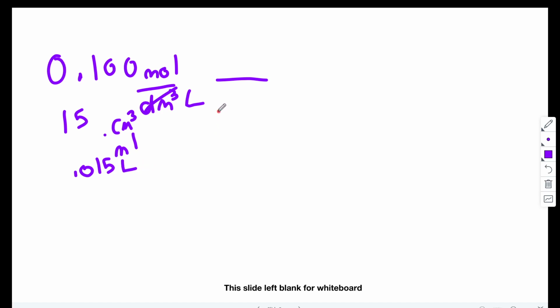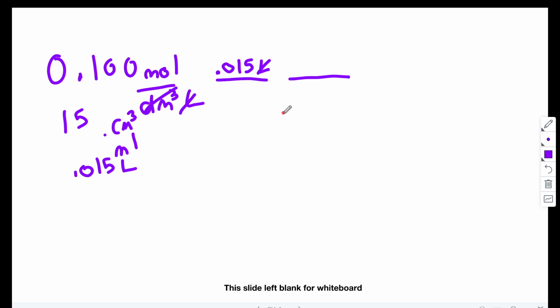Since we have moles on top and liters on the bottom, in order for us to get rid of the liters, we need to multiply by liters. Now this will get rid of our liters, and we'll be in moles.